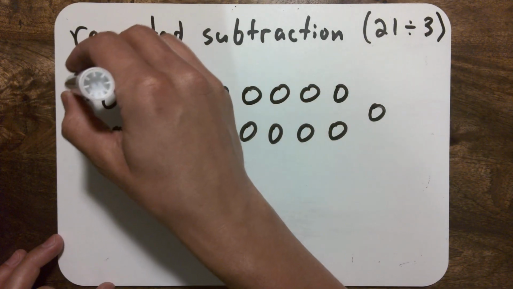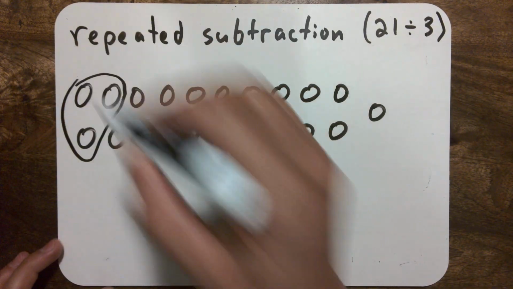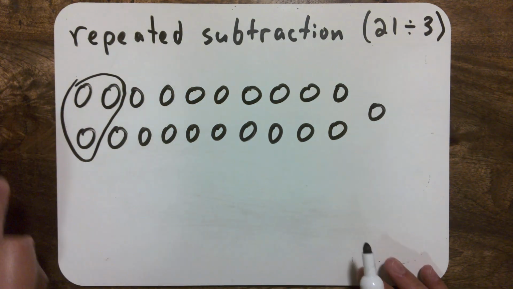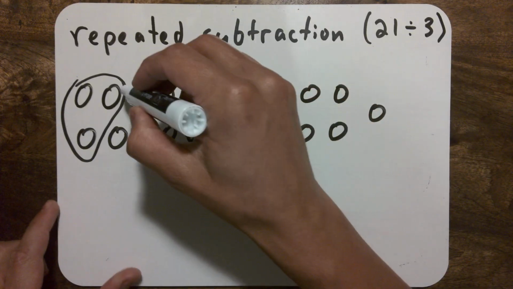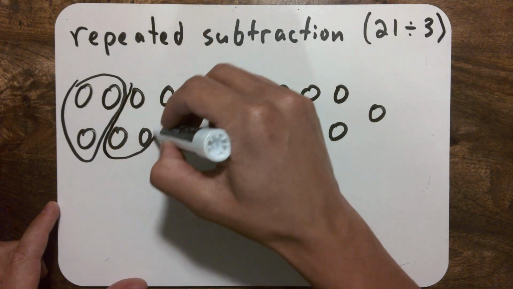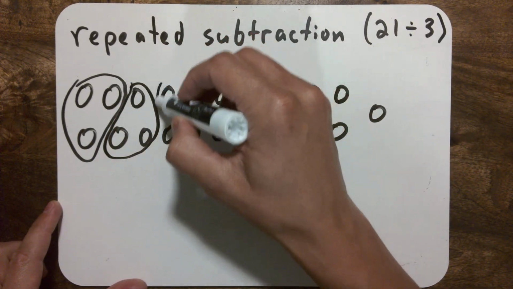We can signify circling a group of 3 and envisioning that we're taking that away from the total, so this is what we have remaining. So there's 18 left. Take another group of 3 and just go through.